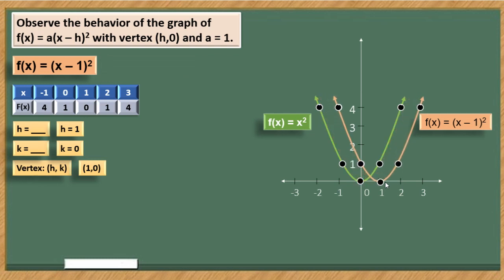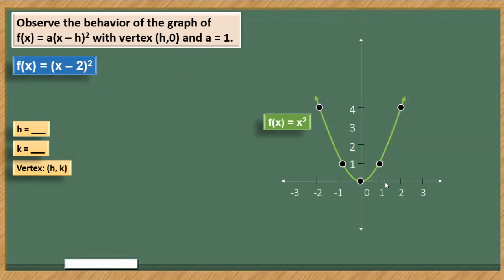Okay, so let's have another example. This time we have here a quadratic function defined as the square of the difference of x and 2. Can you identify the value of h, the value of k, and its vertex?